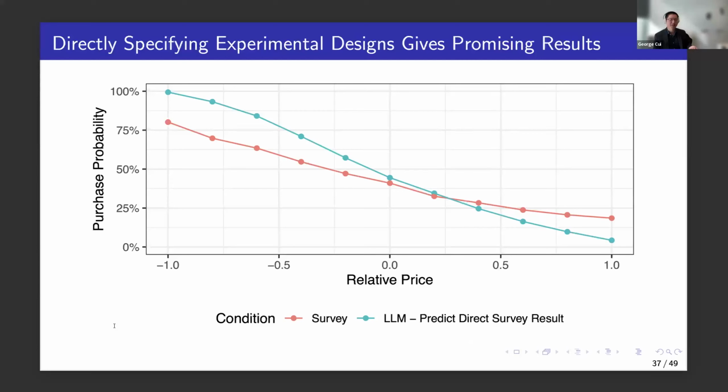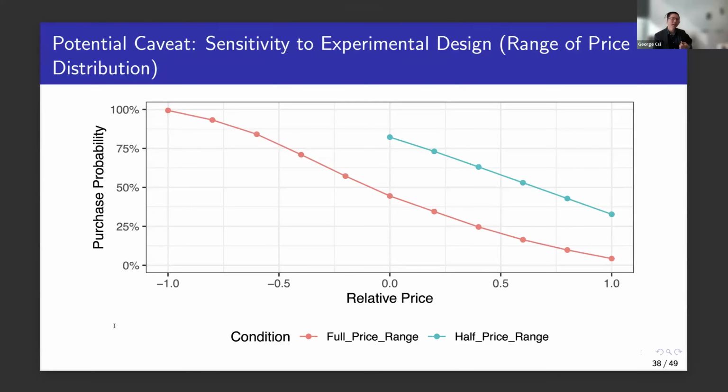One caveat is that, remember, one of the core issues is that GPT will make unintended assumptions or associations regardless of what information we provide. Here, if we change the set of prices included as part of the experiment, then the GPT will also use that as additional information to make the prediction.